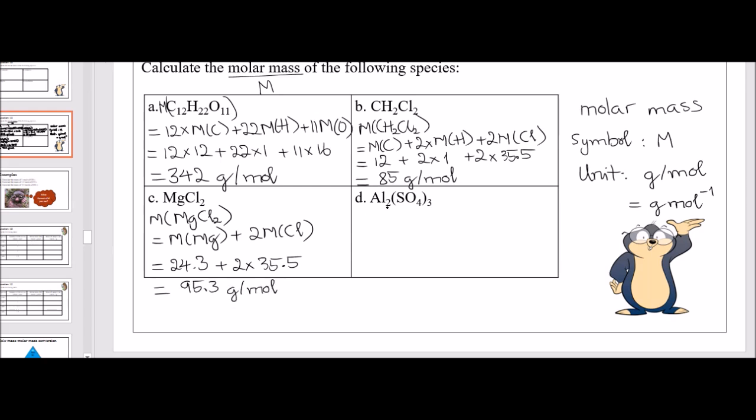And lastly, aluminium sulfate. The molar mass of aluminium sulfate. Now the other thing that I really hate is when students just write equals, because once again you're not telling me what it is that you're calculating. Is it the mass of aluminium sulfate, the mole of aluminium sulfate, the volume, concentration?